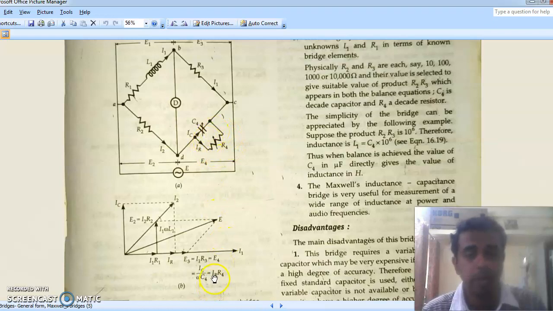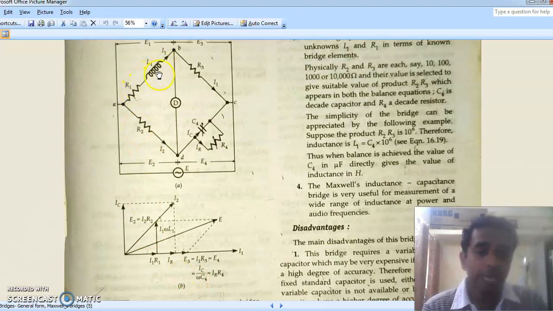IR is the current flowing through R4, so the drop IR into R4 is nothing but E4, which is also equal to the capacitive current multiplied by the reactance of this capacitor, that is IC multiplied by XC. XC is nothing but 1 by omega C4.